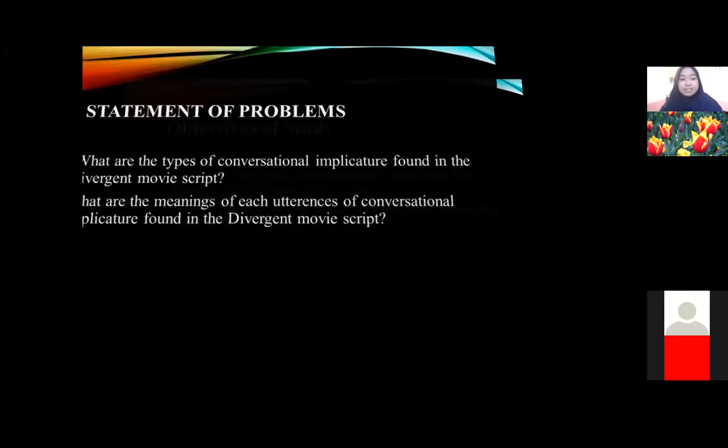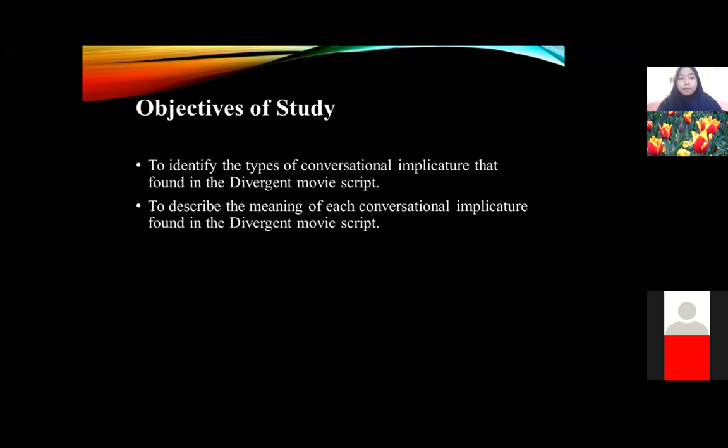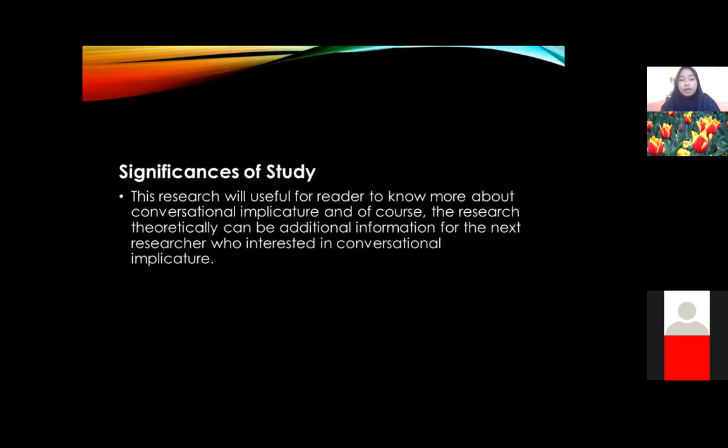Next, the objective of the study: first, to identify the types of conversational implicature found in the Divergent movie script, and second, to describe the meaning of each conversational implicature found in the script. I also hope this research will be useful for readers to know more about conversational implicature, and theoretically can be additional information for the next researcher who is interested in conversational implicatures.